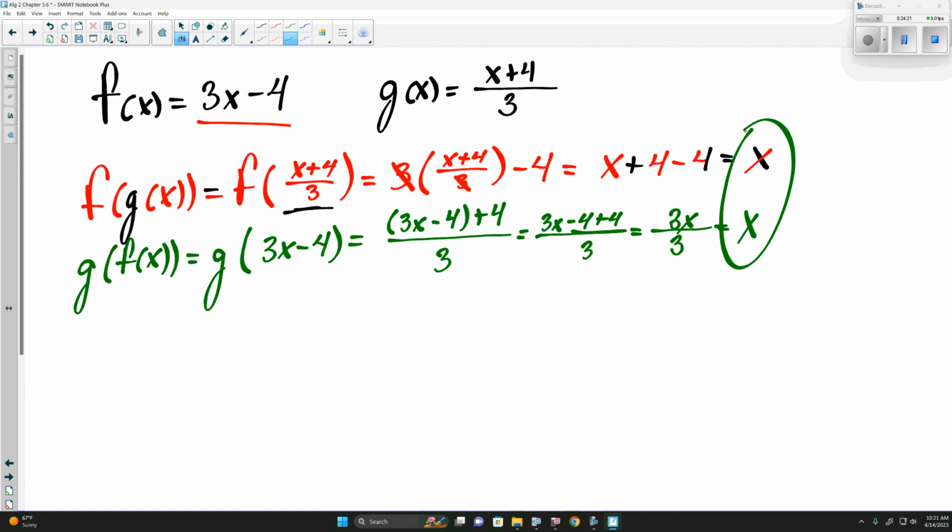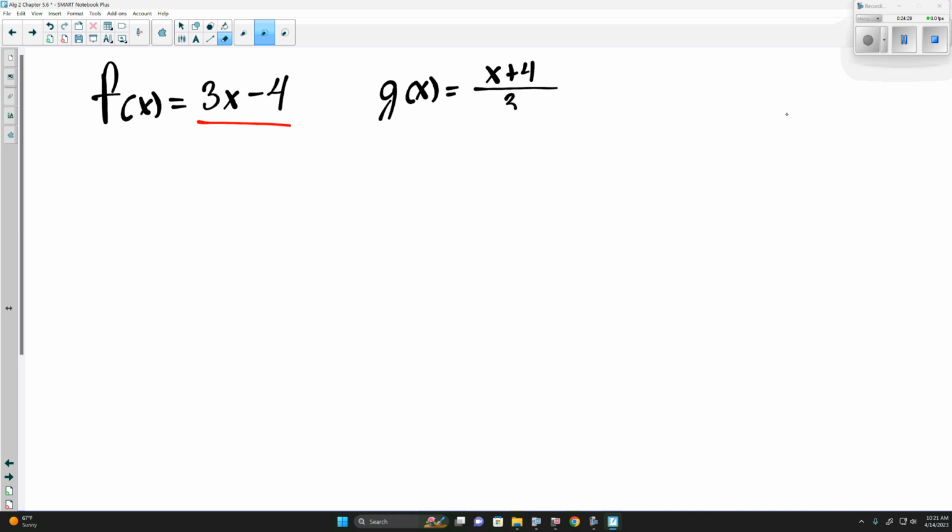And we'll delve more into this not tomorrow, but Monday when we start talking about inverses. Now, something else that I find kind of interesting with this is if we looked at, say, f of g of 8, let's see what value we get.